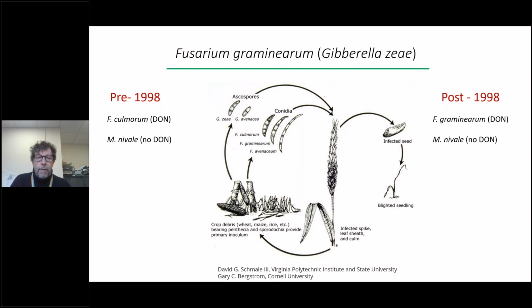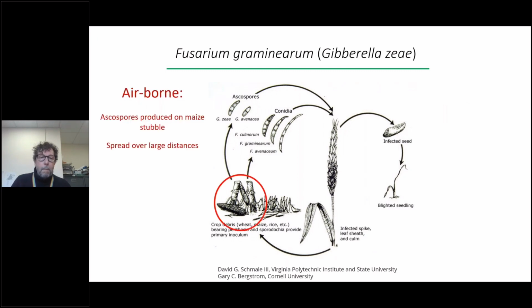We believe these issues arose because of the growth of maize in the UK, starting in the southwest and now spread right across to East Anglia.